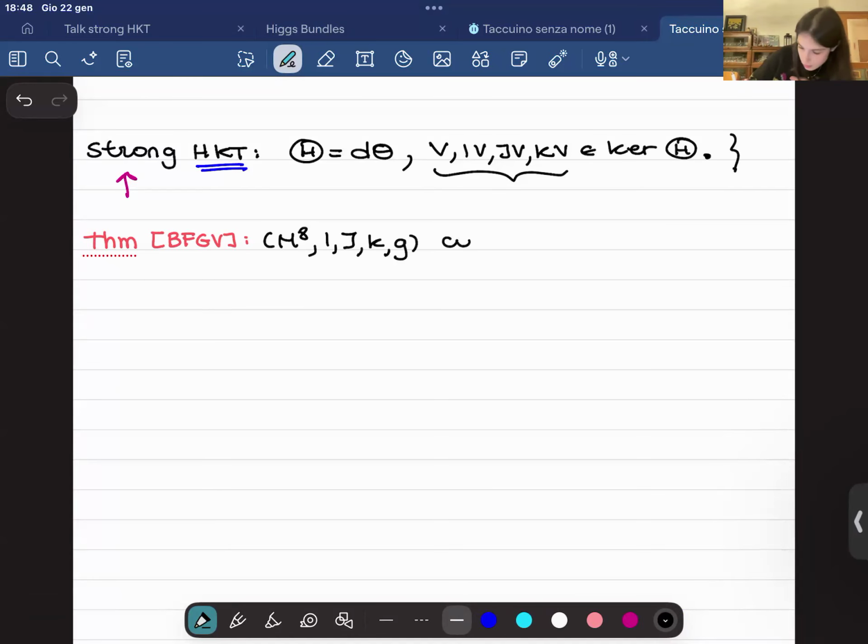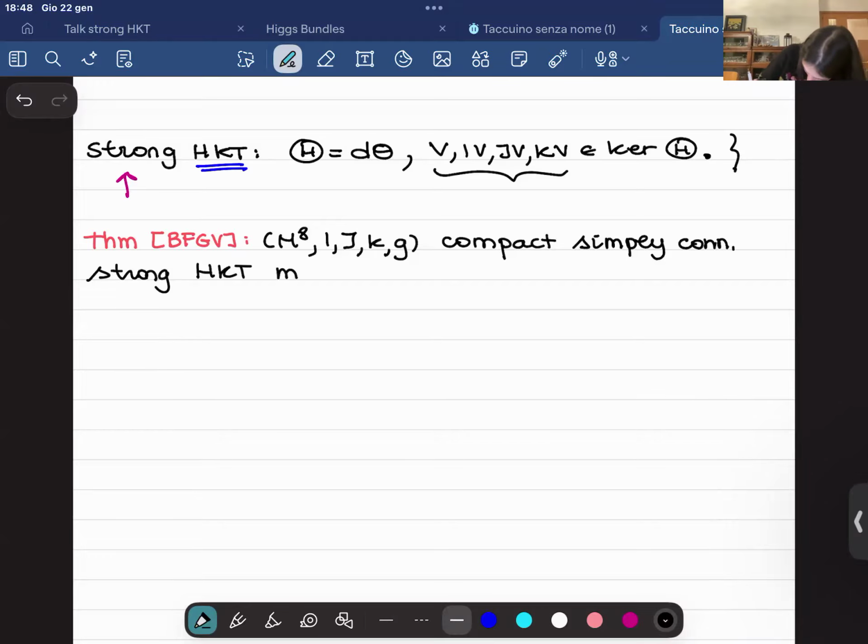This is a compact, simply connected strong HKT manifold. Careful that I'm really fixing dimension 8. And for simplicity, I'm excluding the hyperkähler case.